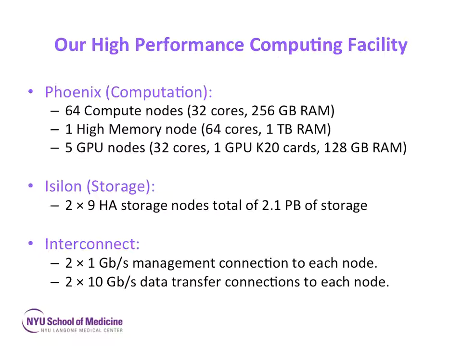The interconnect between the compute nodes and also storage and computation goes through 2 times 1 gigabit. Remember, the 2 means high availability. If one of them goes down, the other one takes over. So we have 1 gigabit per second, which is mainly used for management. Like if you log into the cluster and you want to go to one of the nodes, everybody will go through this one.